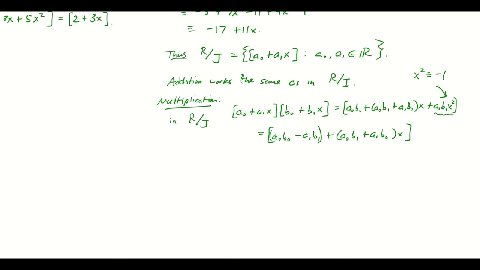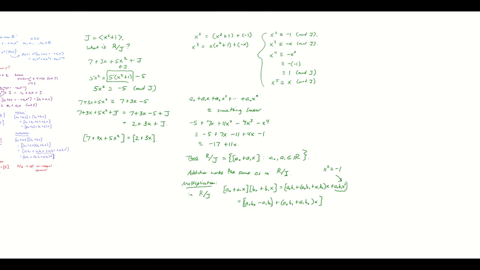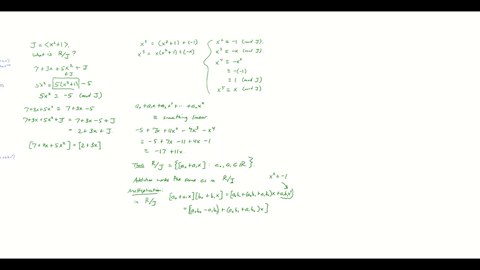The addition and multiplication we've set up here, and you may have suspected this by now, I hope that you have noticed something about the way this all works. In fact, if you haven't noticed something by now, if your brain is not screaming, then look back at what we had up here and see if this reminds you of something, because it should. This element x that we came up with, not the original x that created the polynomial ring, but the x in our quotient, where x squared was congruent to negative 1, and x cubed was congruent to negative x.